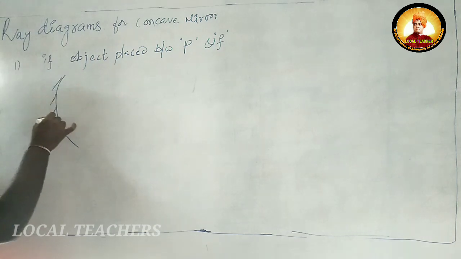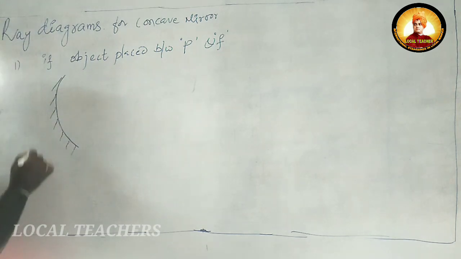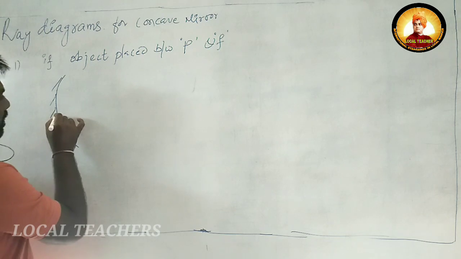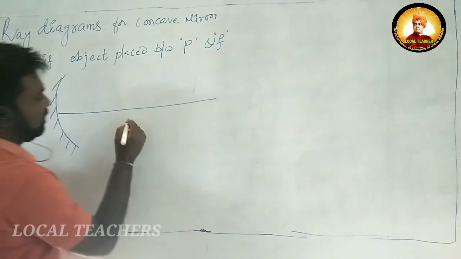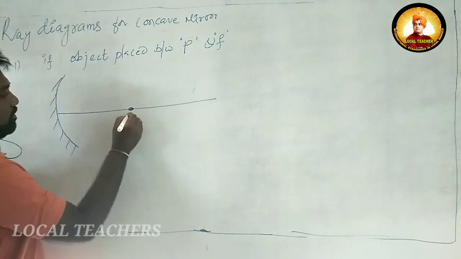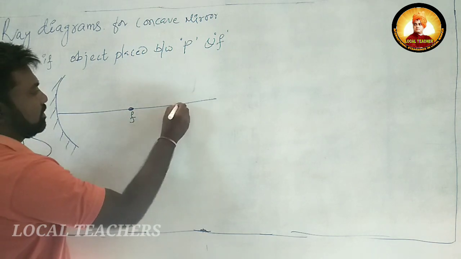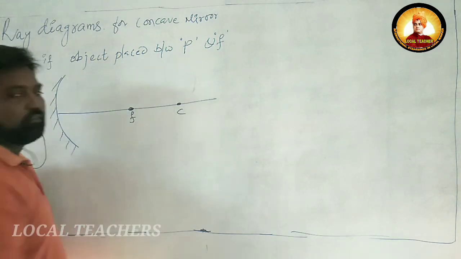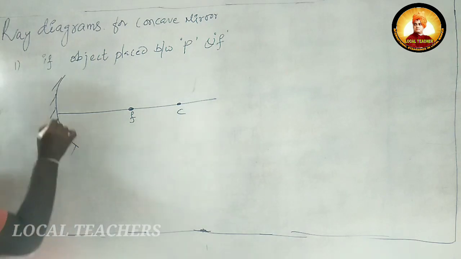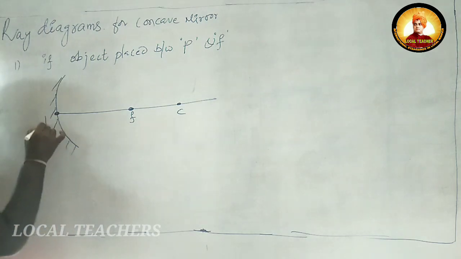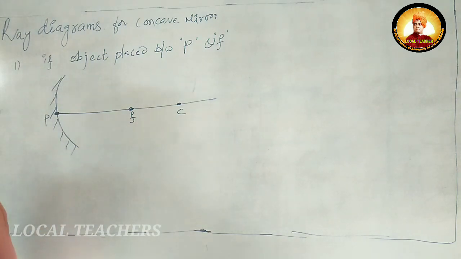the ray diagram. Here the inner surface is smooth, so it is a concave mirror. Here I am identifying F, the focus, and C, the center of curvature of the concave mirror. This point represents P, the pole.